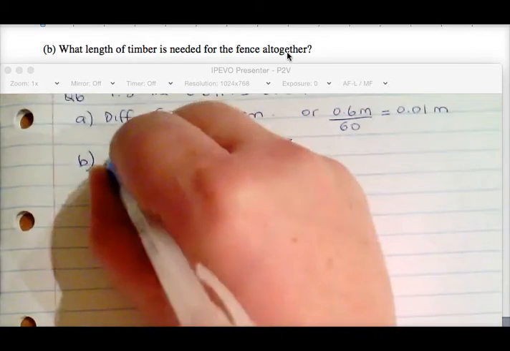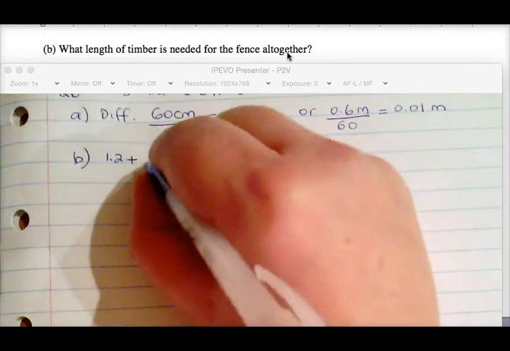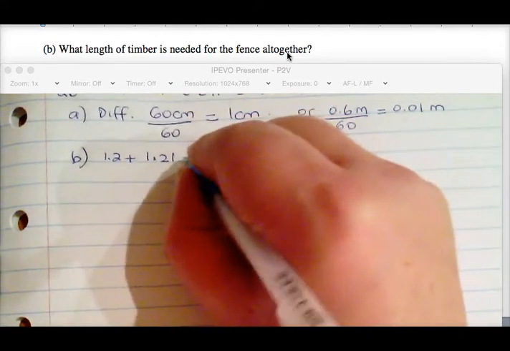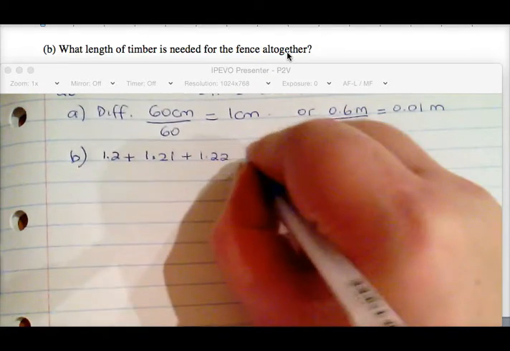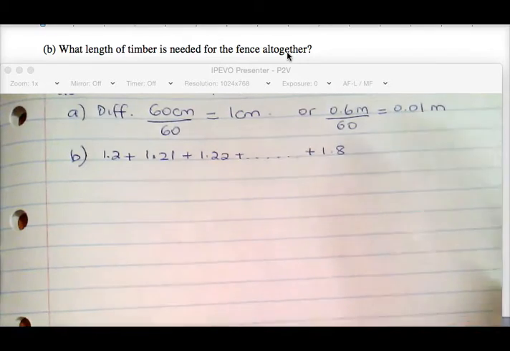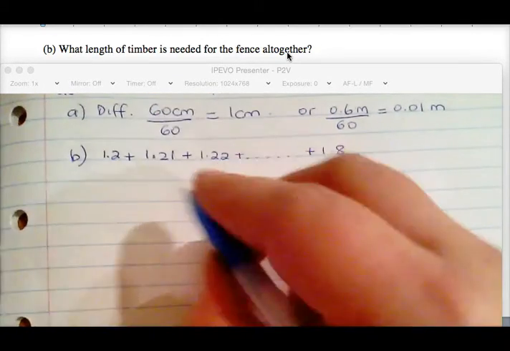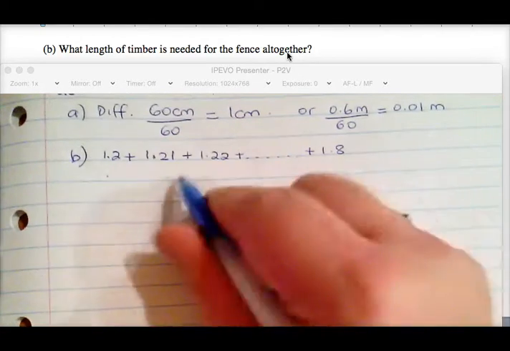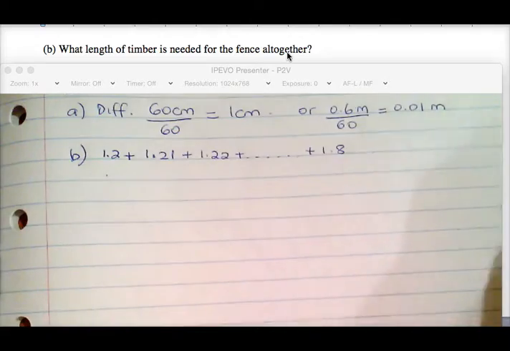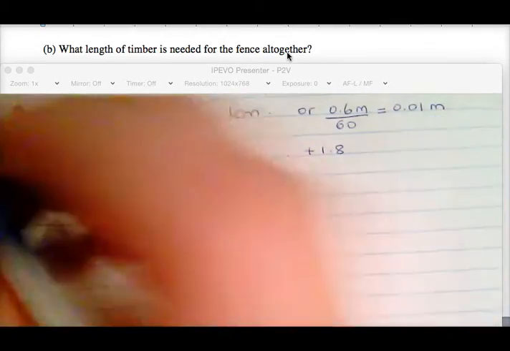So our series looks like this. The shortest is 1.2. And then the next piece is 1.2 plus 0.01, which is 1.21. And the next piece will be 1.22. And then we know that the longest piece is 1.8. So we know the first and the last term, and we also now know how many pieces of timber there are, so just be very careful here because there are actually 61 pieces of timber.